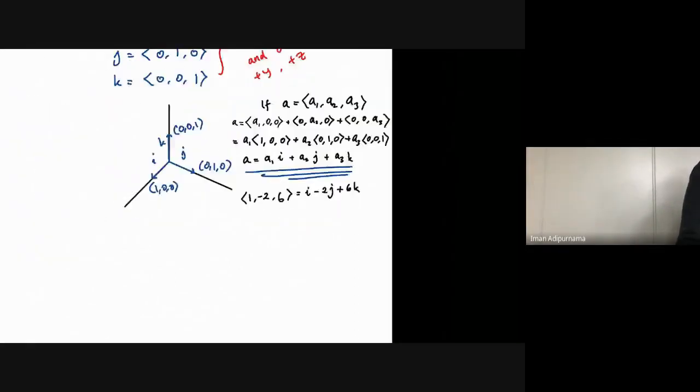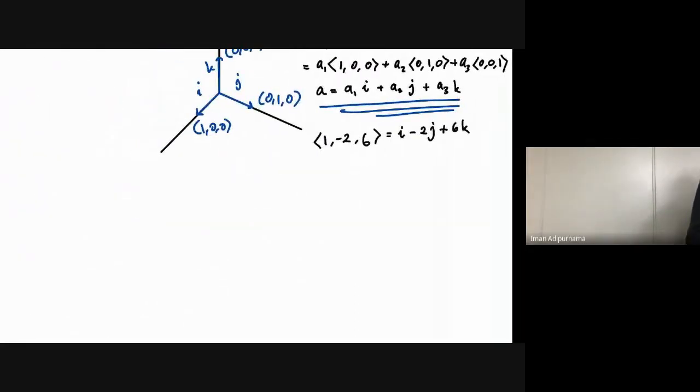Okay, these are the standard basis vectors. Another related term is the unit vector. By definition, a unit vector is a vector whose length is 1.